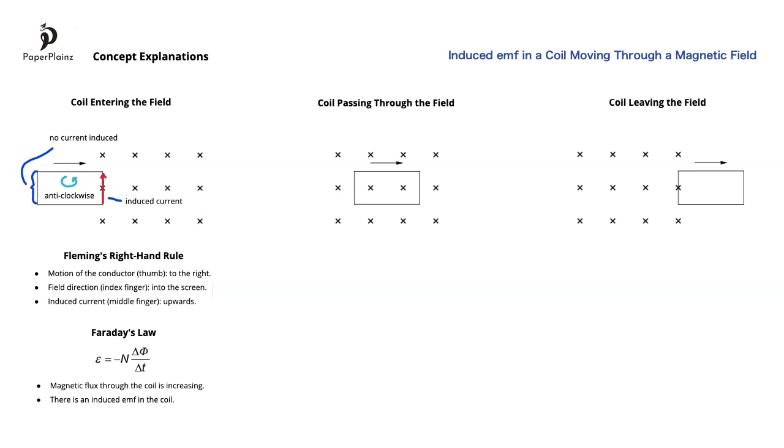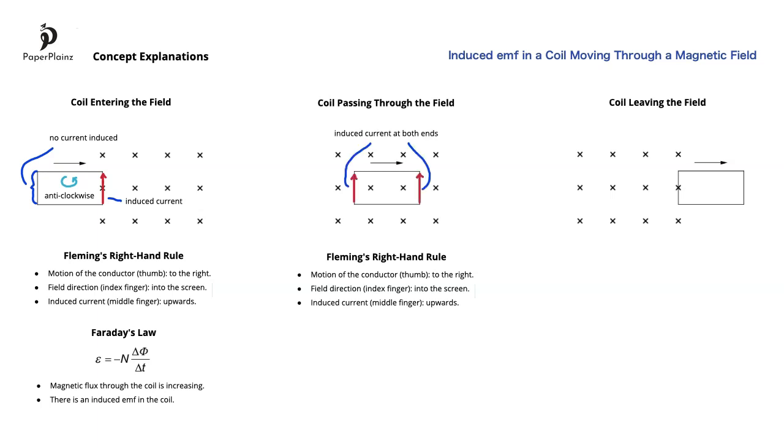Next, let's see what happens as the coil is passing through the field. Once again, we can use Fleming's right-hand rule to find the direction of the induced current. I won't go through the steps here again. But the big difference in this case is that since both the right side and the left side of the coil are now moving through the field, there is an induced upward current at both ends of the coil.